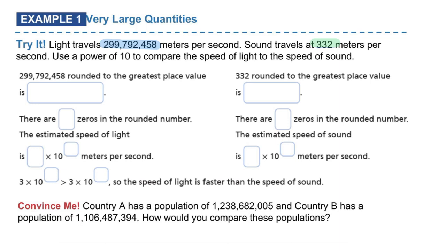So the very first thing I want you to do is look at this number, and we're going to round to the highest place value, which would be the 2. But notice the next number is a 9, and that is big enough to round up. So that's going to become a 3, and everything else becomes zeros.